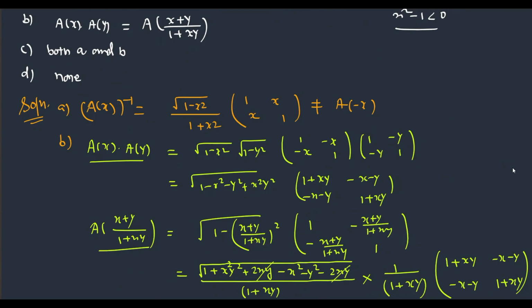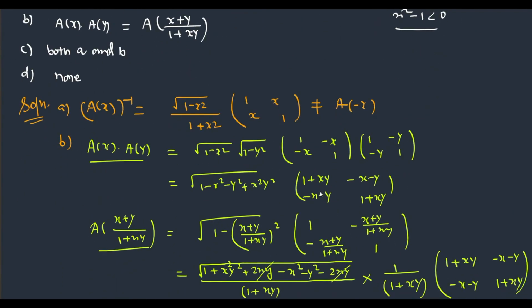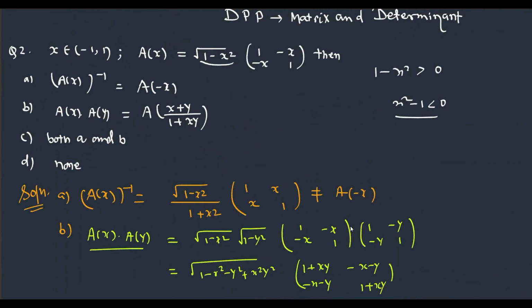Scalar quantity should be real. So I think D is the correct option. None match, this is not matching. Check the calculation once again. Yes, it does not cancel out. So we say that D is the correct option.